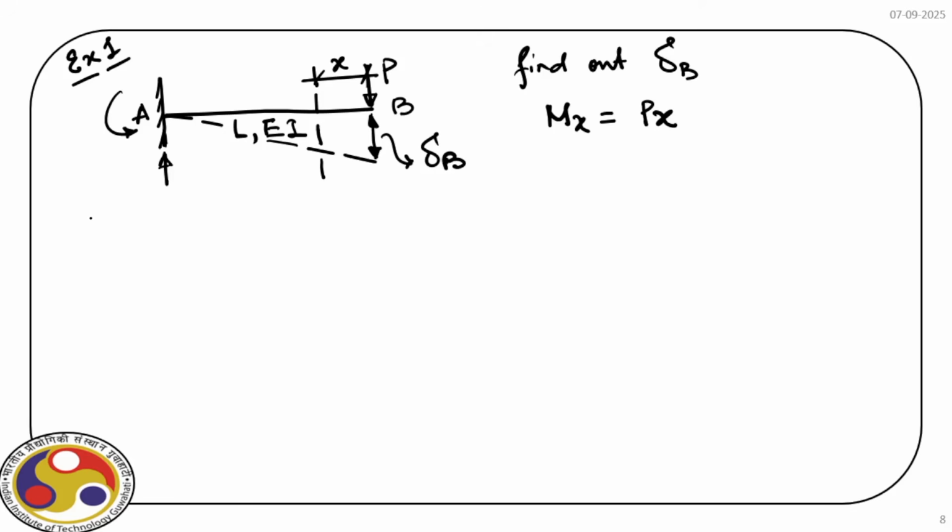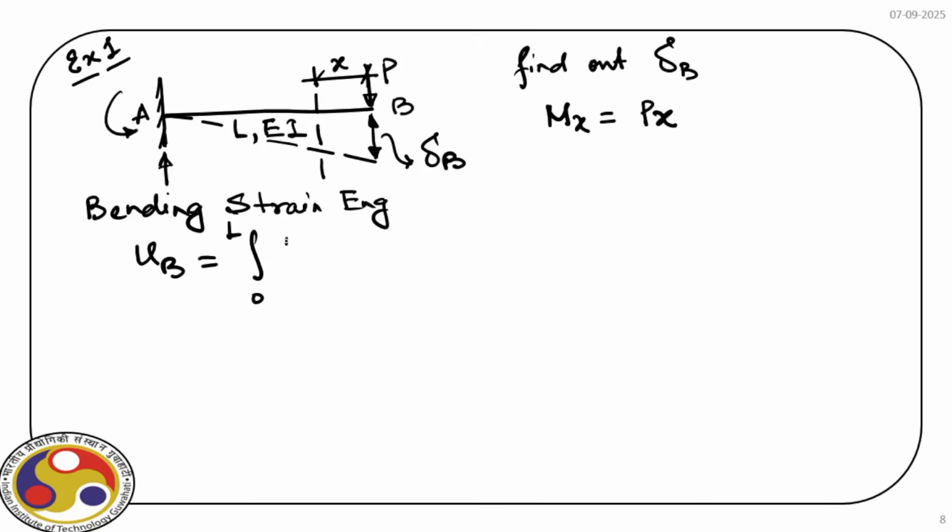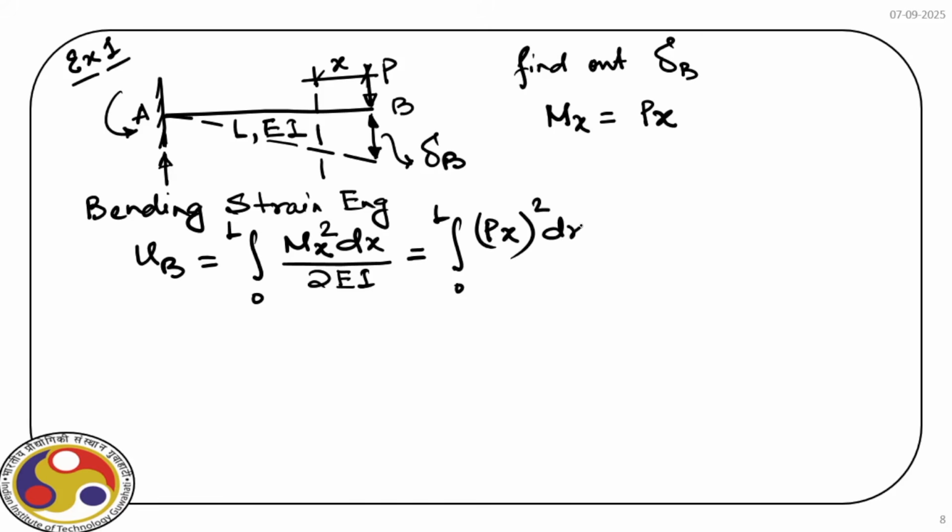Now the bending strain energy, we have already derived the expression. So bending strain energy is UB, which is equal to integral 0 to L Mx square dx divided by twice EI. So this is equal to integral 0 to L, in place of Mx, we can write Px whole square dx divided by twice EI.